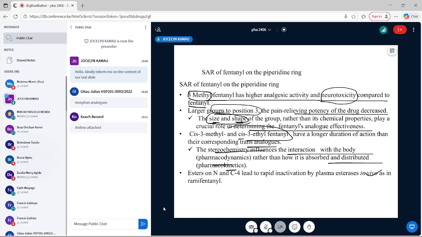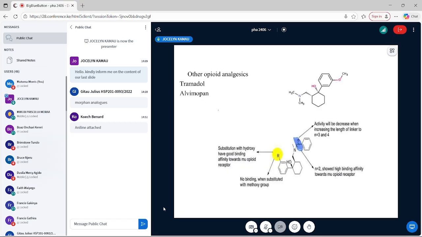If we introduce a bigger group, forget it, the activity will reduce because of the failure of these compounds to give us the axial conformer, which is responsible for maximum activity.